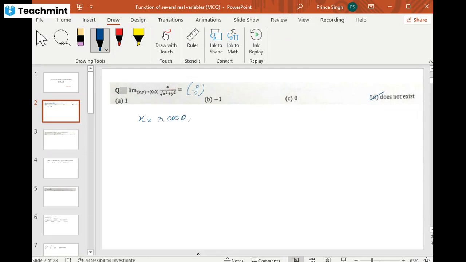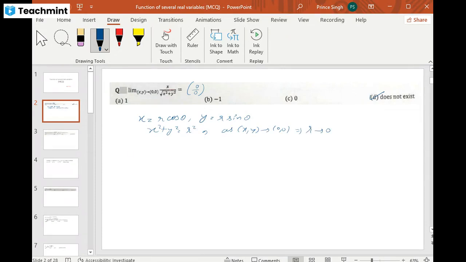Let x equal to r cos theta, y equal to r sin theta. So x square plus y square is equal to r square. So as xy approaches to 0, 0, it implies that r approaches to 0.